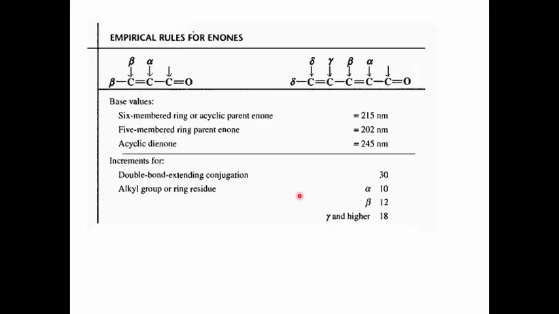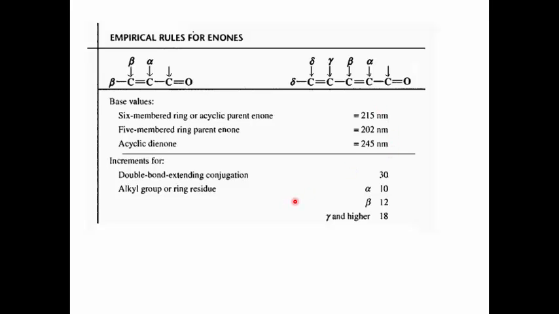Now, every alkyl or ring residue substituent that's attached to the alpha carbon is given an increment of 10 nanometers. We add 10 nanometers to our starting base value.